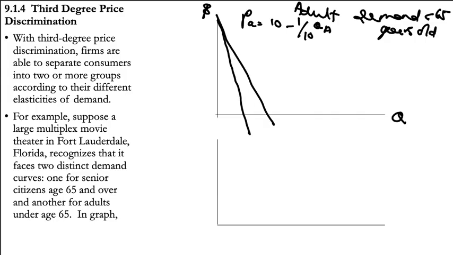At the same time, this firm faces marginal cost equivalent to $1. So let's say I put it this way. This is MC equals $1 because it is constant, therefore it is also equivalent to average cost.